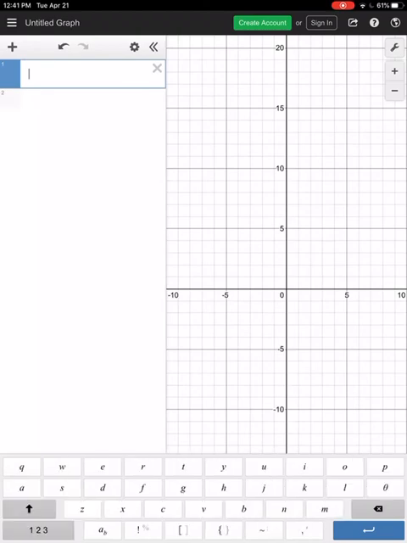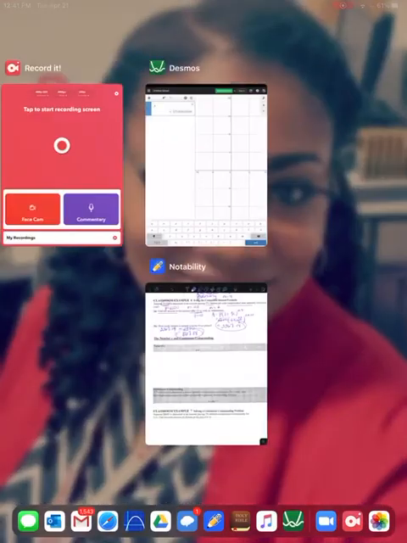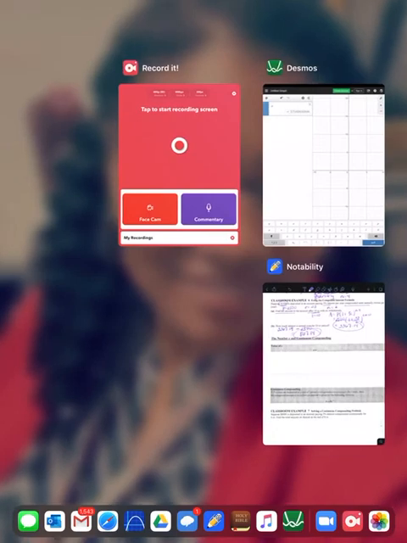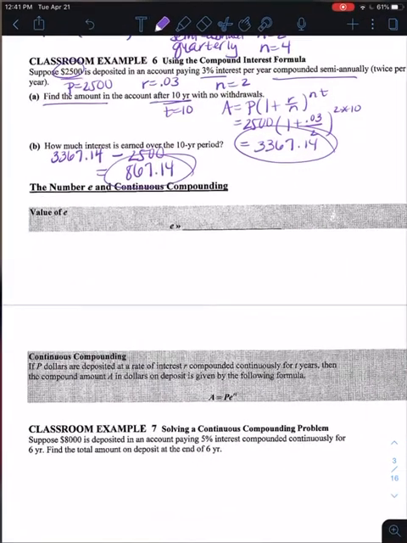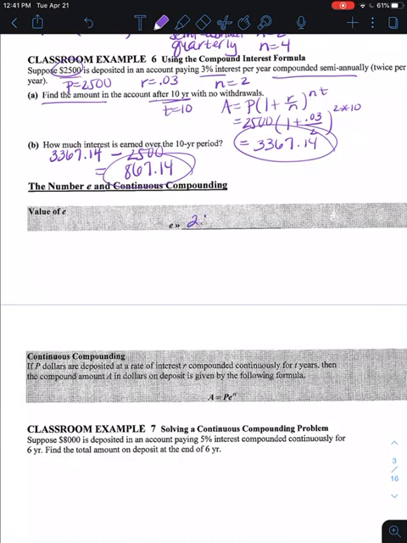Here's my value for e: 2.7182818. So e actually has a value to it. I'm just going to write down 2.71828. But you'll just use the e button that's in your calculator.